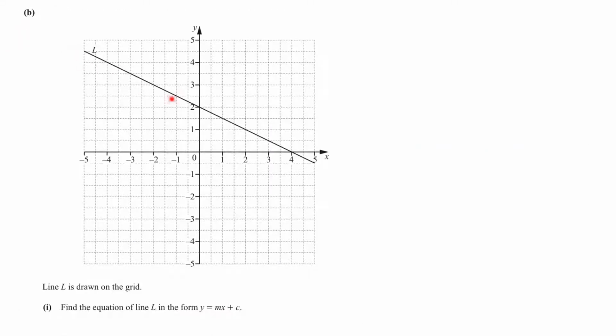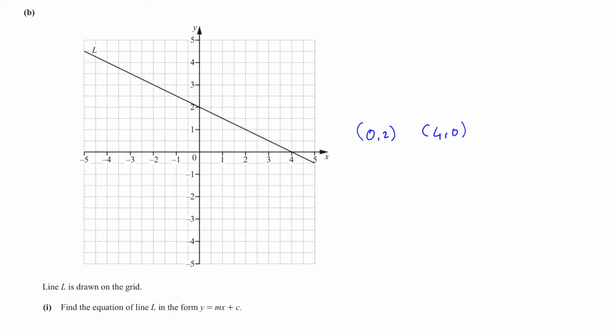In part B, we have been given a line L, and we have to find the equation of the line in the form y is equal to mx plus c. Choose 2 points from this line. It's always better if you choose from the y-axis and the x-axis. So you will have 0 and 2 here, and 4 and 0.